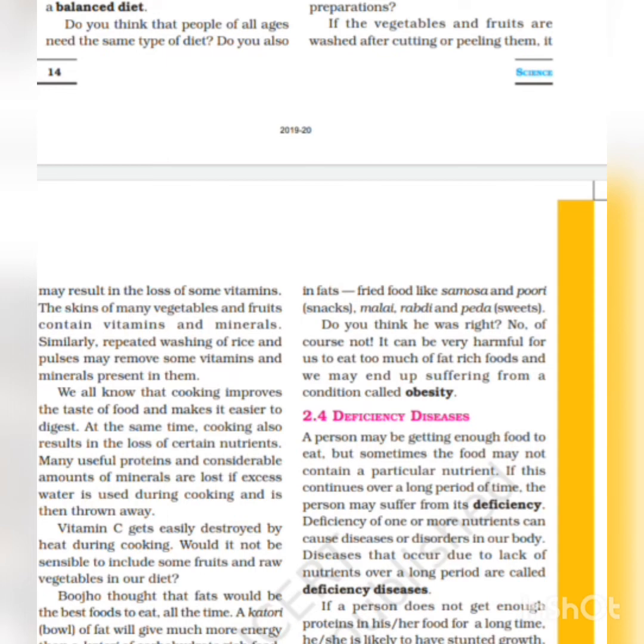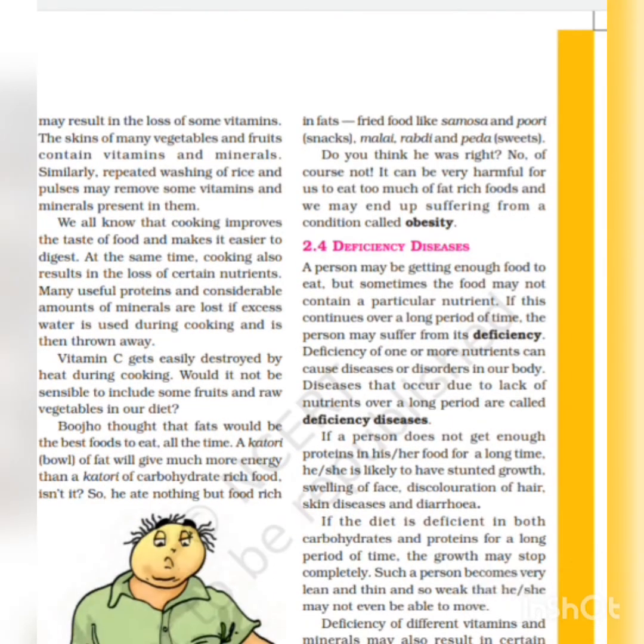This is called obesity. And if obesity increases, the chances of getting heart problems, cancer, everything increases. So eat every kind of food, not only junk food or only healthy food. Take a break day and eat junk food also, but in a small quantity.